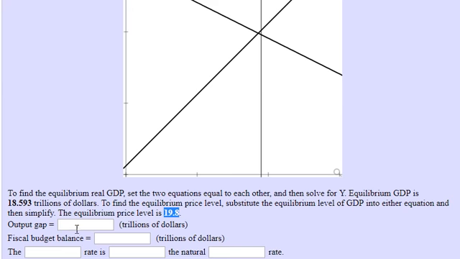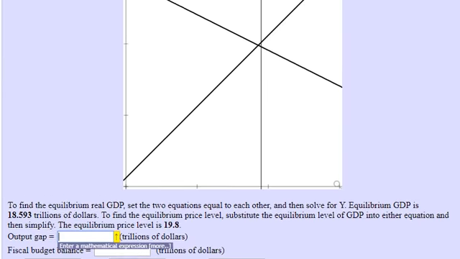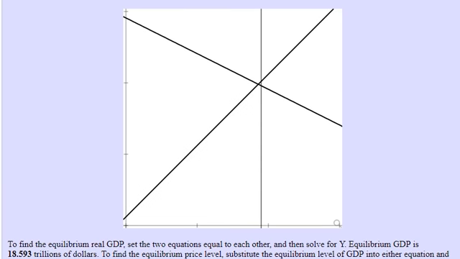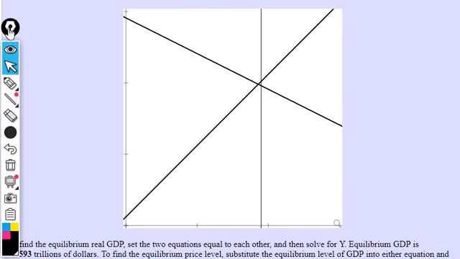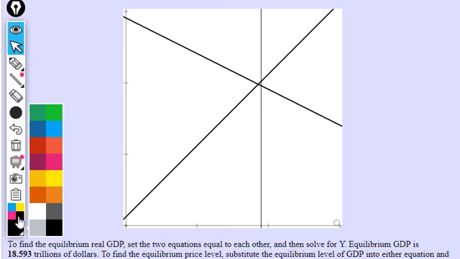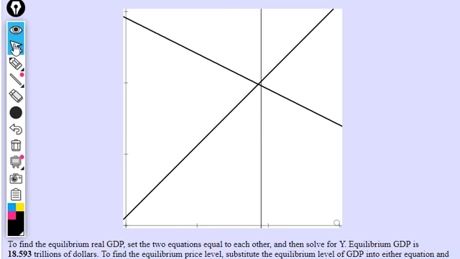Now the output gap, let's go ahead and graph this here. Okay, so we're going to go ahead and graph. Let me pull this over here. Got black pen. We'll go medium.